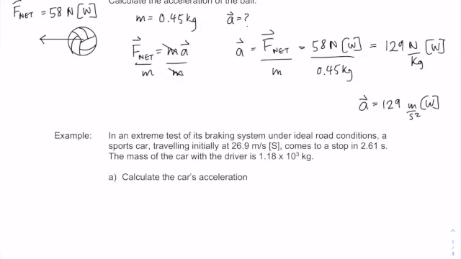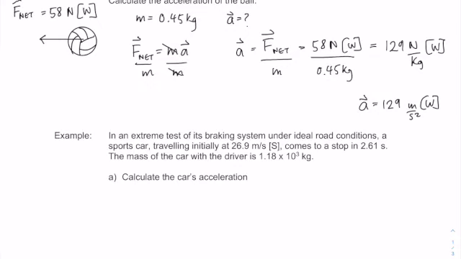Let's calculate the car's acceleration. First thing we'll need to do is to write down all information that is given in this question. And we have to be careful that we get it all. Some of the information is explicitly stated, and some of it is implied, and you'll have to make inference from what you read. So let's take a look.